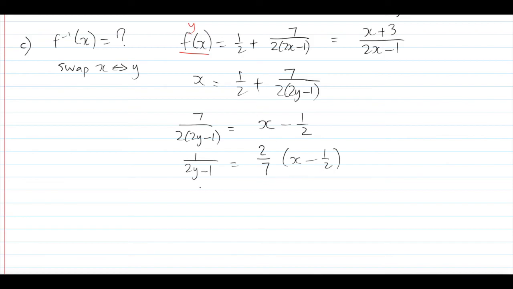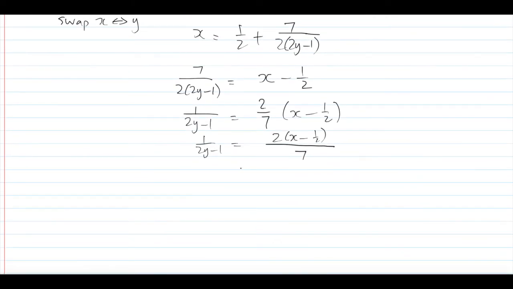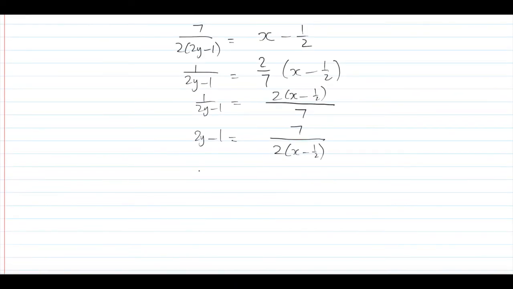So what ends up is 1 over 2y minus 1, and we're going to do some mathematical manipulation here. And we're going to flip it now. So this 1 over 2y minus 1 becomes 2y minus 1, and this 7 actually goes to the top. And it becomes 2 times x minus a half, and we go 2y minus 1.